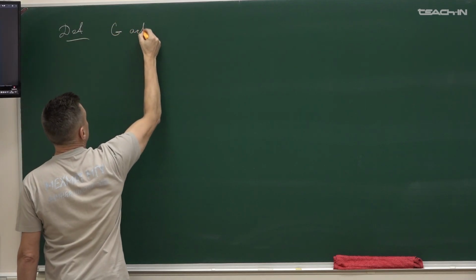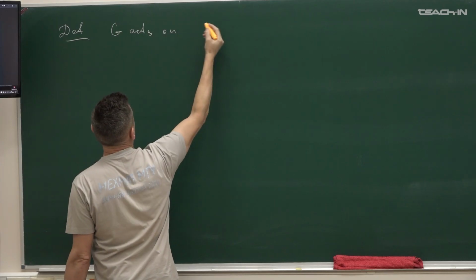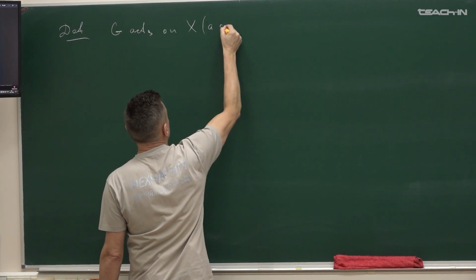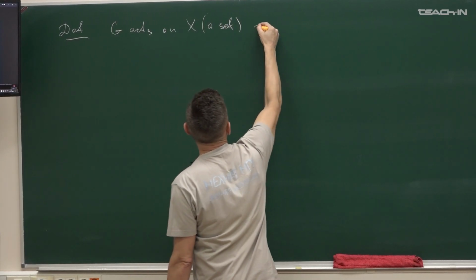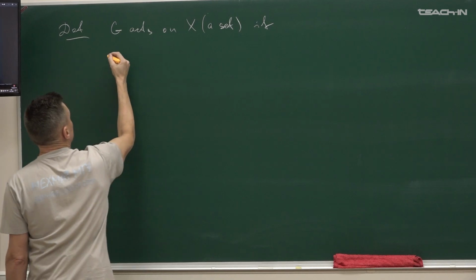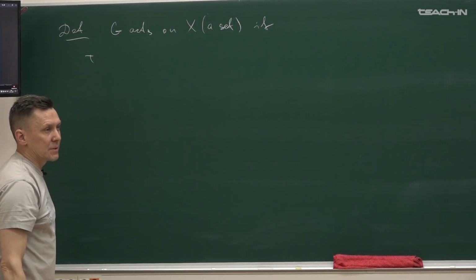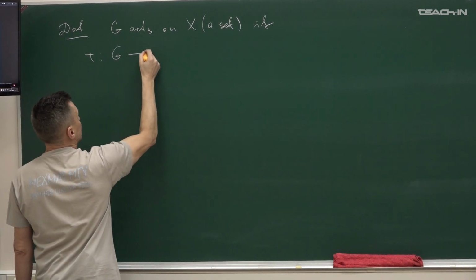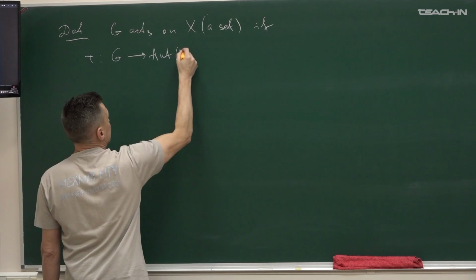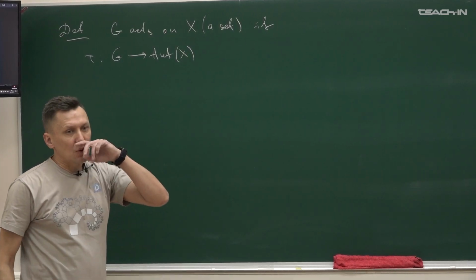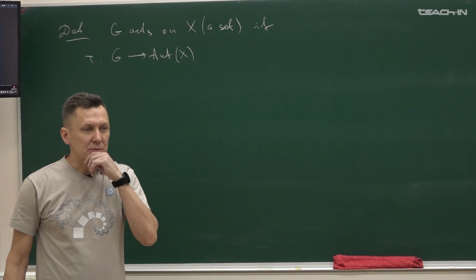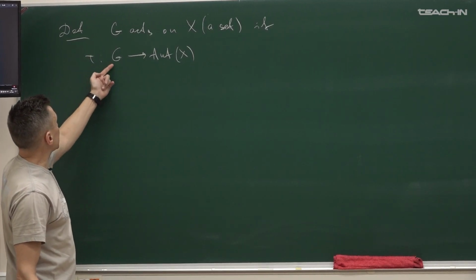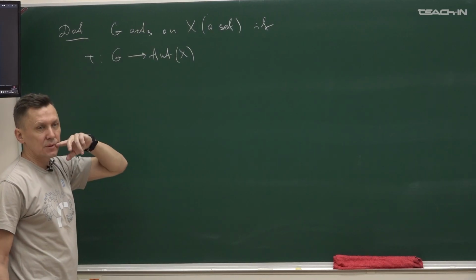G acts on a set X if there's a map tau from G to the group Aut of X, the group of automorphisms of the set X. So it's a group, and we ask that this is a homomorphism of groups.